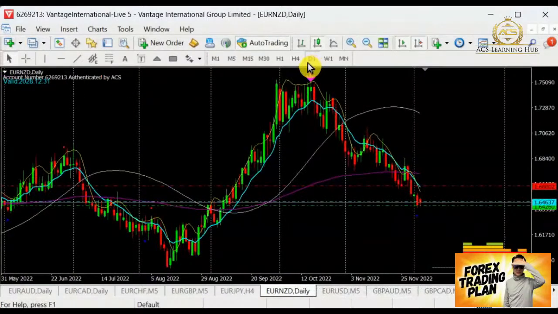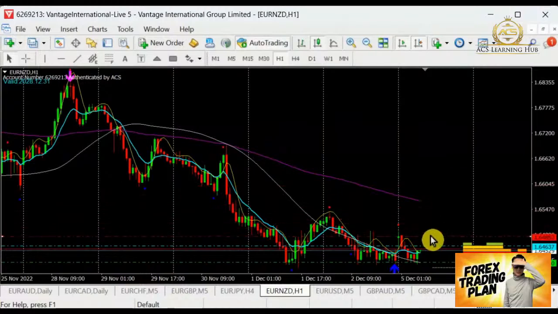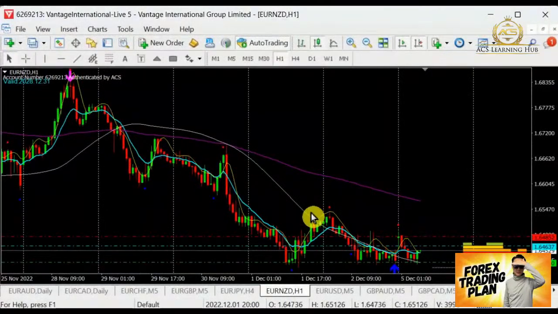There's a resistance over here that needs to be taken out. So I'm waiting for it to go for a buy to test this resistance before we can start selling. Probably from here Euro Kiwi is good to sell, but I think we will need to wait for a while.